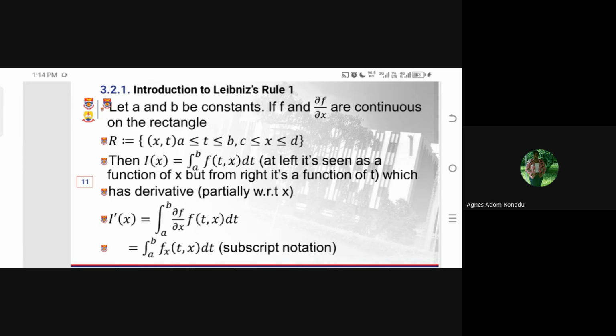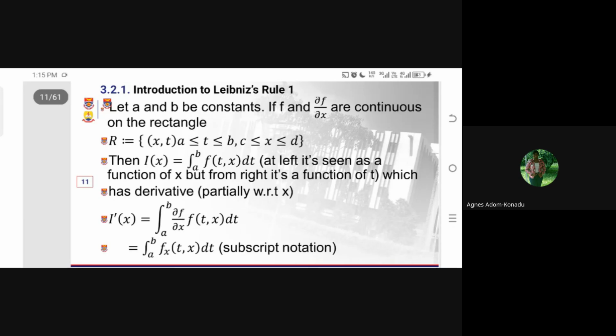If you are being asked to find the derivative of I of x, you first of all find the partial derivative of that function with respect to x. Then when you are done, you will find the integral with respect to t, the other variable. So this is what we have.